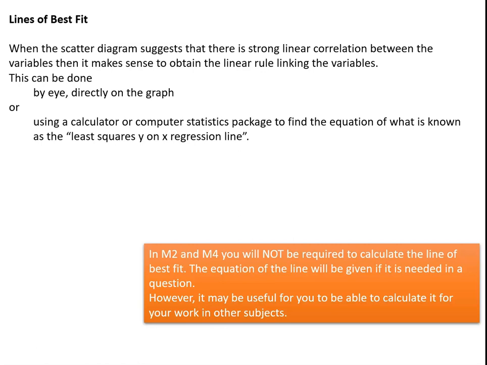However, it may well be useful for you to know how to calculate it for your work in other subjects, and I'm thinking particularly of perhaps psychology or geography or biology, for instance. So, we're going to just spend a couple of minutes looking at how you can use your FX991 calculator to find the regression line for a set of data points.